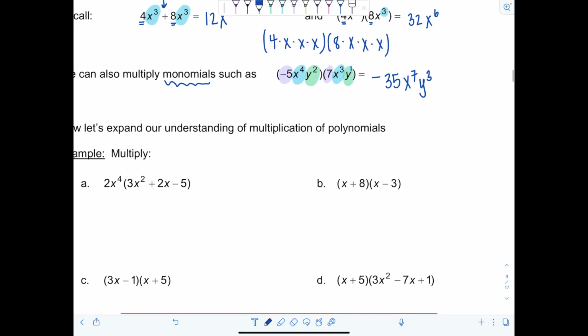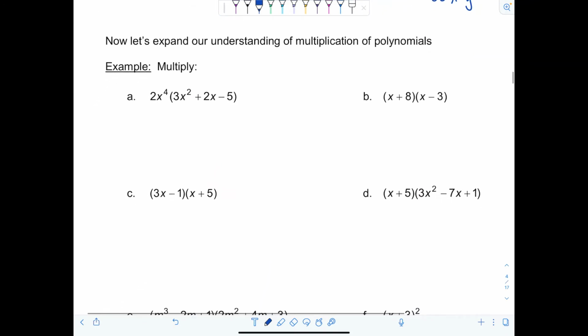First example we're going to look at here is a monomial, 2x to the 4th, times a polynomial, specifically a trinomial, right? 3 terms. Well, in this case, we're going to apply the distributive property and distribute the 2x to the 4th across each of the terms inside the parentheses.